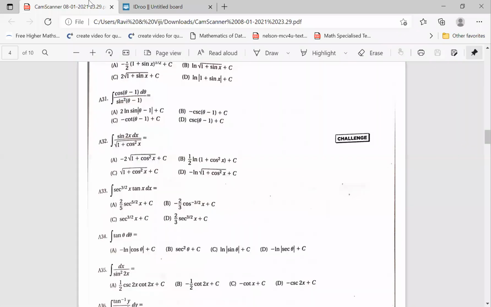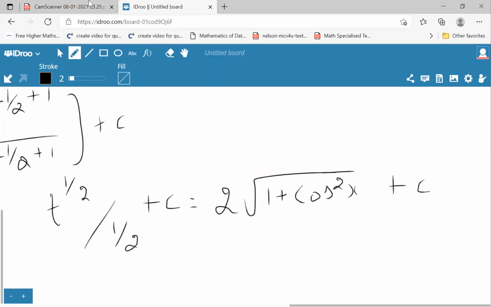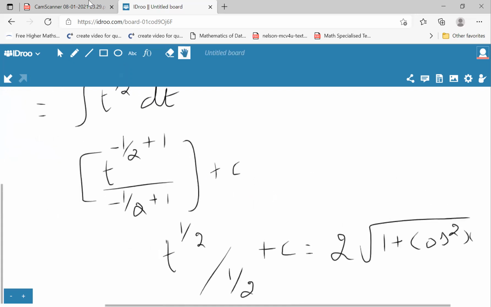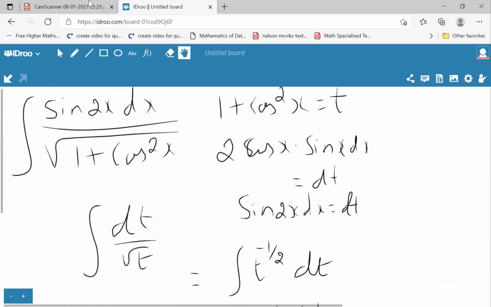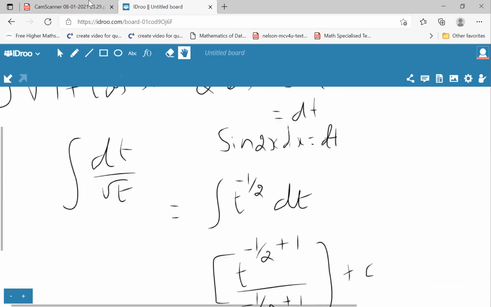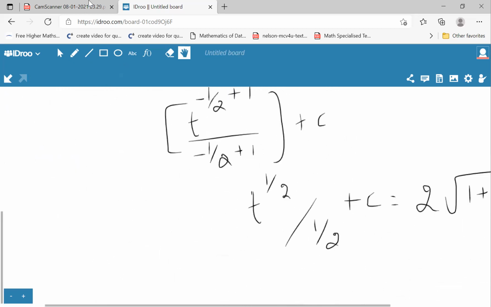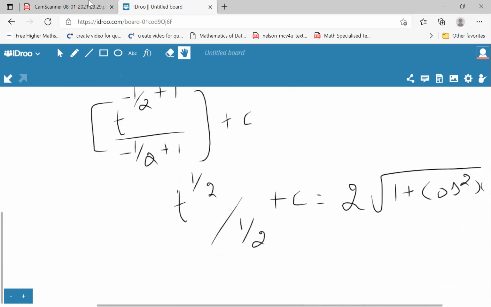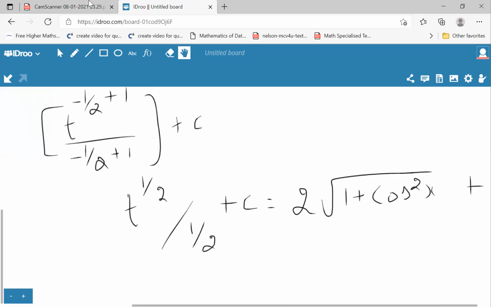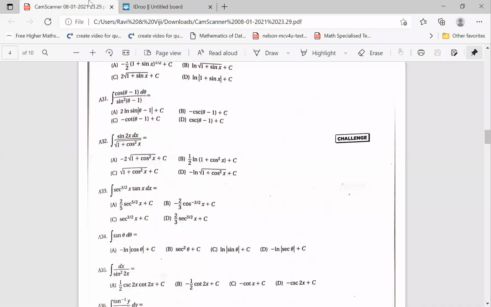Let's see which option is correct. Just a second. Did I miss something? dt by root t, 2 cos x, yes. So minus half plus 1. So this half goes up. So that will become 2 root of 1 plus cos squared x. So that should be the correct option.